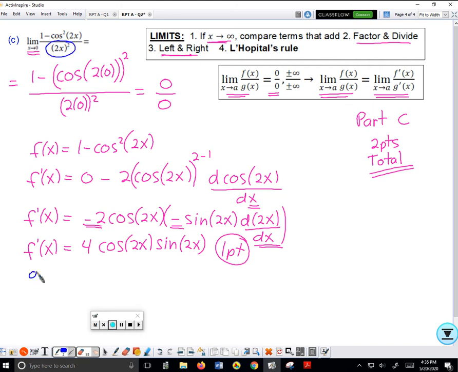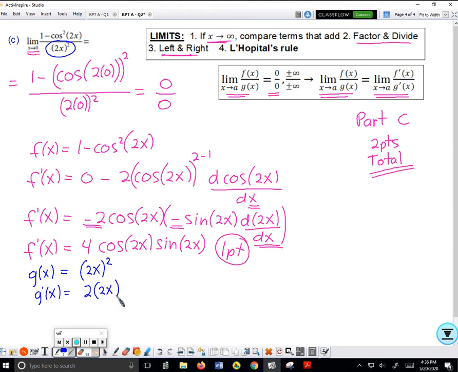So our g is quantity 2x all being squared, which means g prime of x is going to be, bring down the 2, multiplied by the 2x, raised to the 2 minus 1, multiplied by the derivative of the 2x.